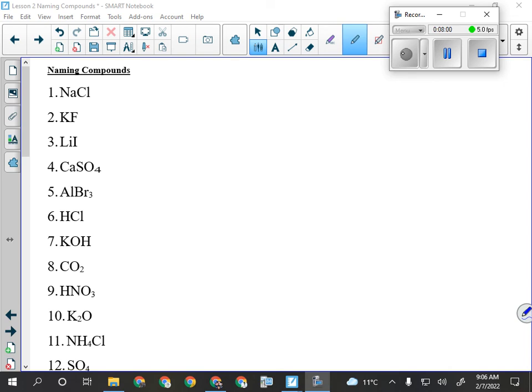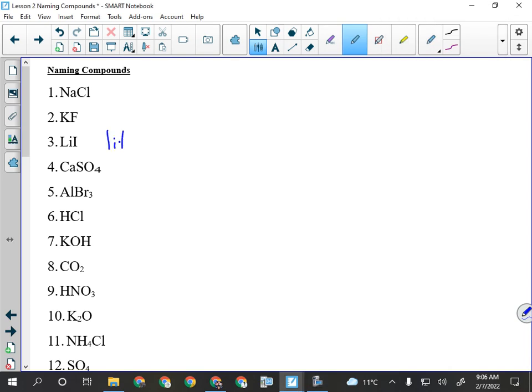Okay, so if it's ionic, then I'm going to follow the ionic naming rules. I'm going to write the name of the metal unchanged, lithium, and I'm going to write the name of the non-metal, but change its ending to "ide." Lithium iodide. Do I need a Roman numeral? I do not. Lithium only has 1 possible charge, and it's +1.